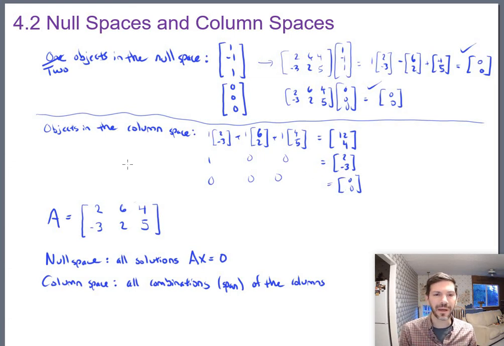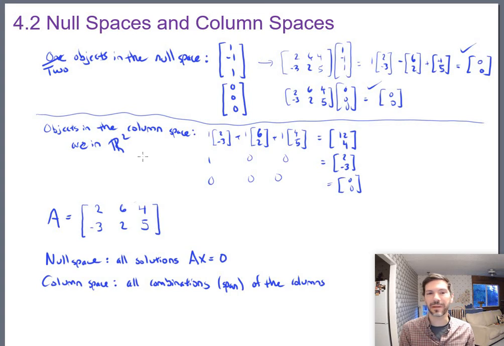So notice that objects in the column space are in R2 because they're combinations of columns. The columns themselves are R2 vectors. When you combine them, the result is an R2 vector.